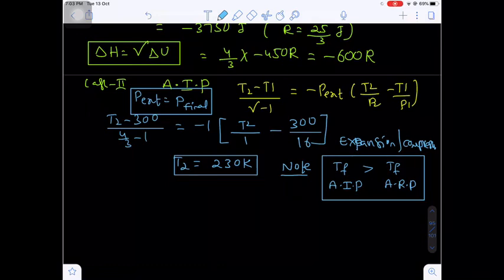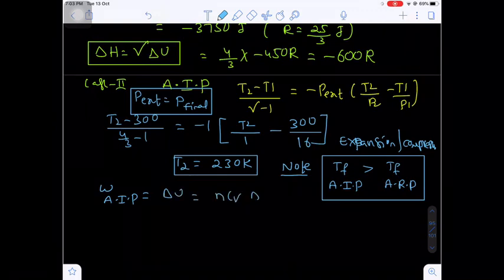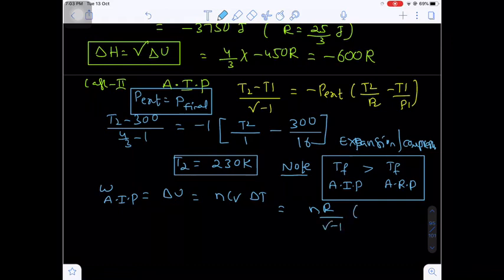Now what will be the work done? W in the adiabatic irreversible process will be equal to del U, which is nothing but n Cv del T, so N R upon gamma minus 1 into T2 minus T1.